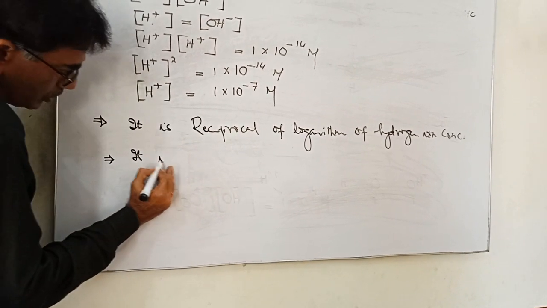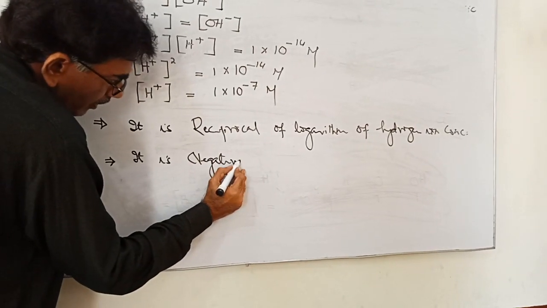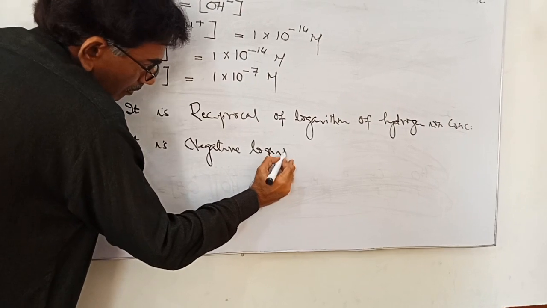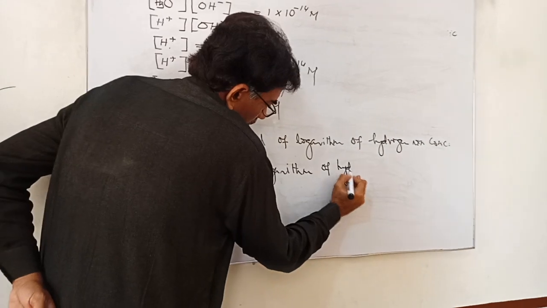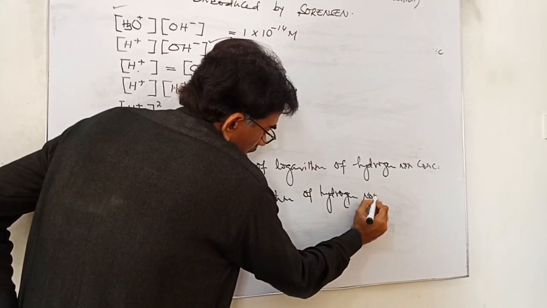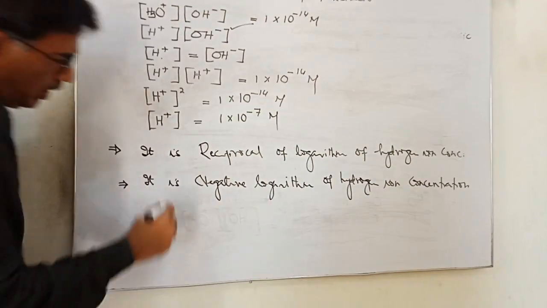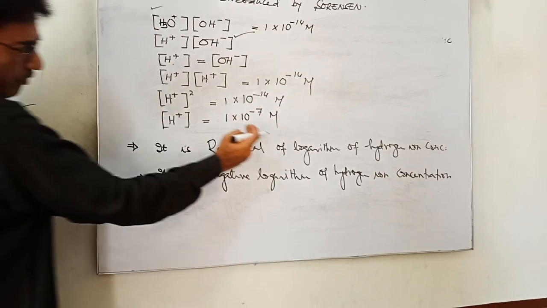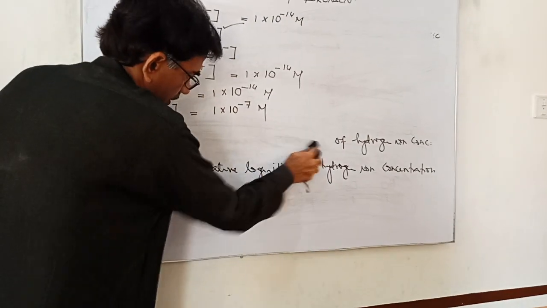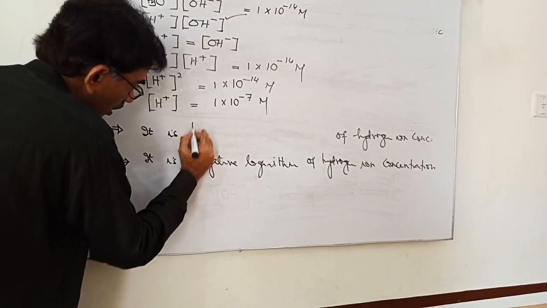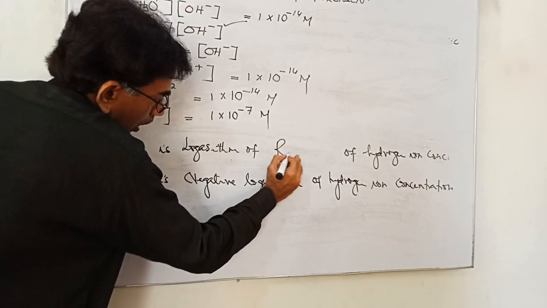Or we can say it is the negative logarithm of hydrogen ion concentration. So in either way, it is the log of the reciprocal of hydrogen ion concentration.